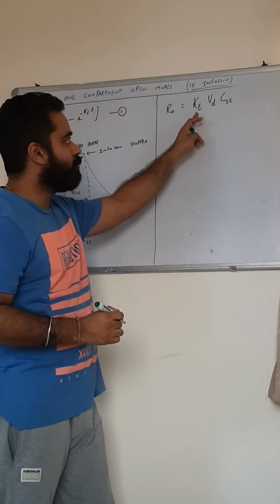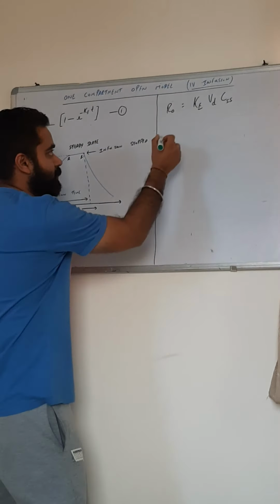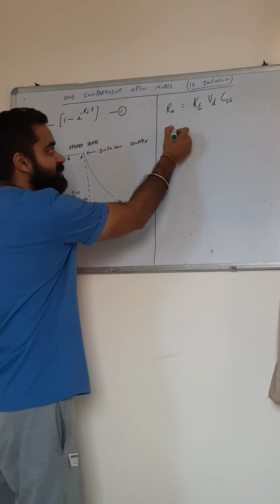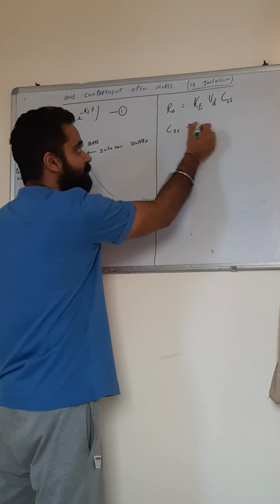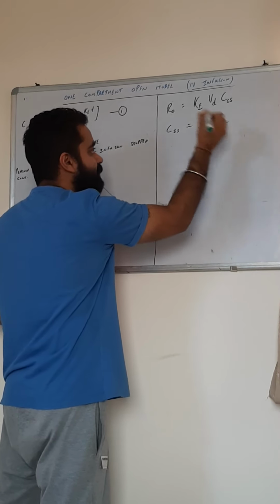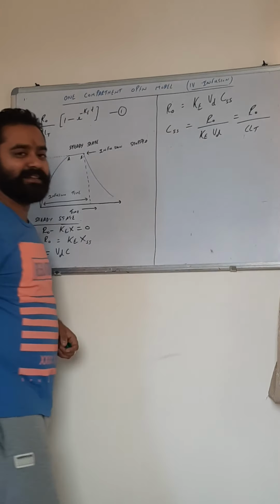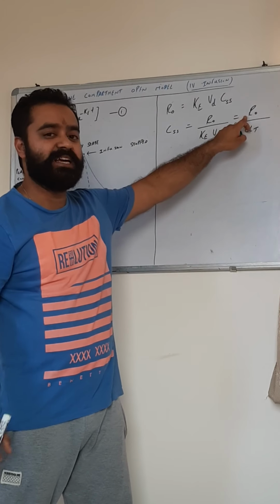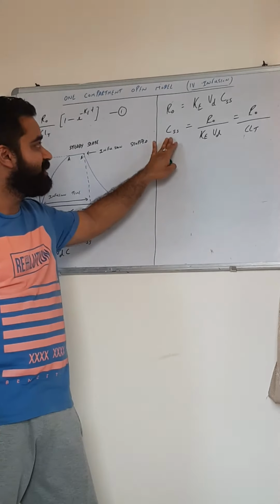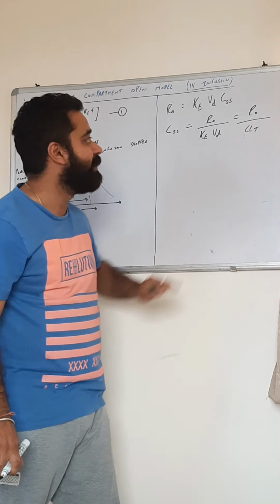So R naught is equal to KE VD into CSS. We can write the steady state concentration as CSS is equal to R naught upon KE VD, or R naught upon total clearance. R naught is the infusion rate and CL is the clearance. So the steady state concentration is equal to the infusion rate divided by the clearance.